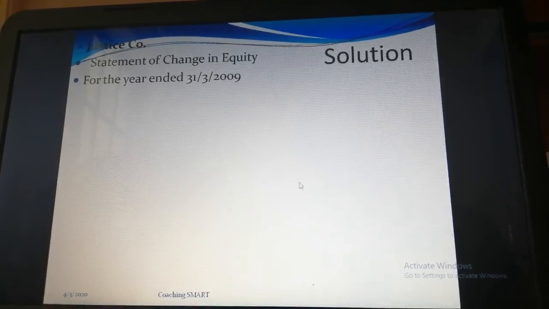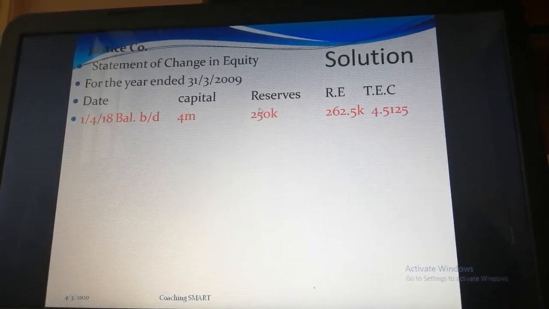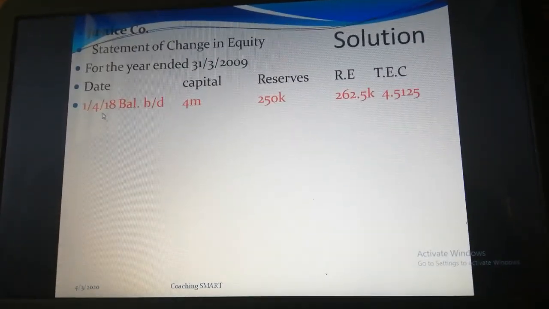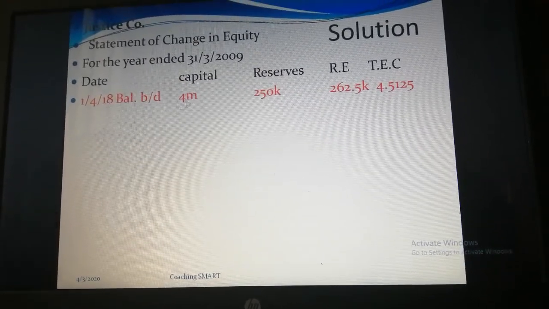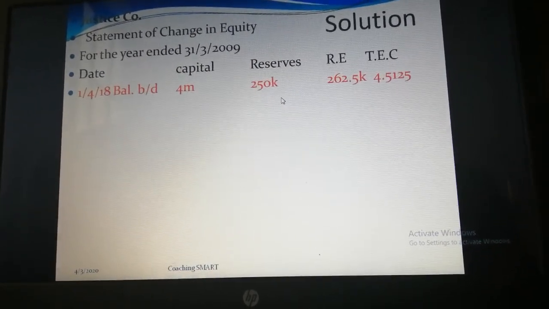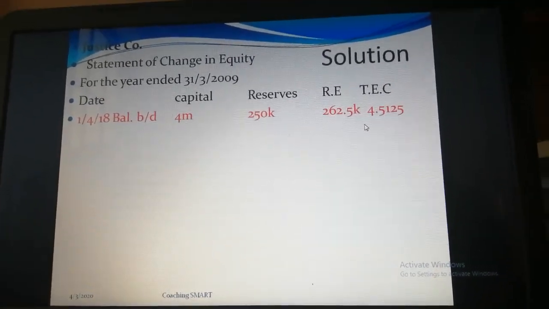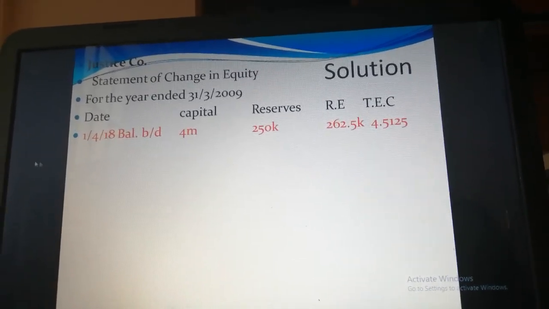Now this is the statement of changes in equity for the year ended. Debt, capital, reserve, retained earnings, total equity capital. So on 1st April, the balance brought down was 4,250,000 for reserve, 262.5k for retained earnings, totaling 4.512 million.